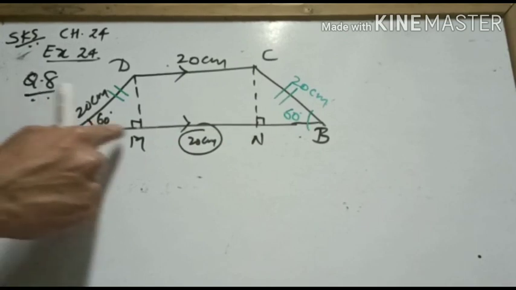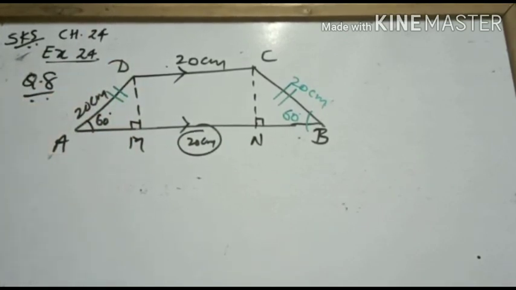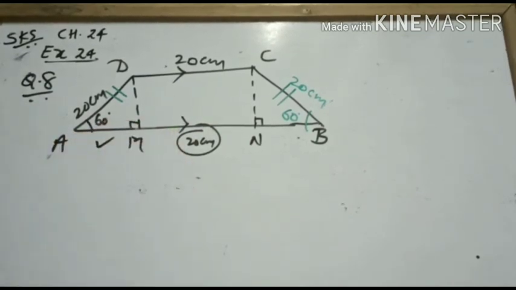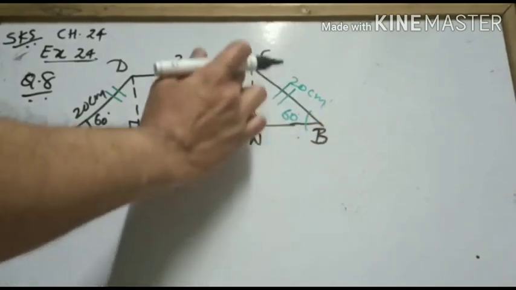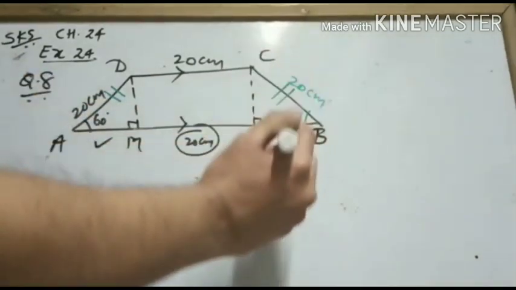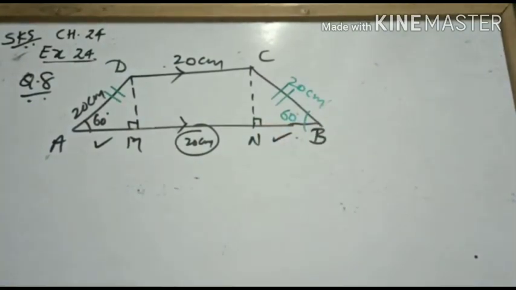If I look at triangle AMD, it is a right angle triangle and I know one of the angles other than the right angle. So I will be able to calculate AM. Similarly, in triangle BNC, one angle is 90, angle B is 60, one side is given. You will be able to find the value of BN over here.